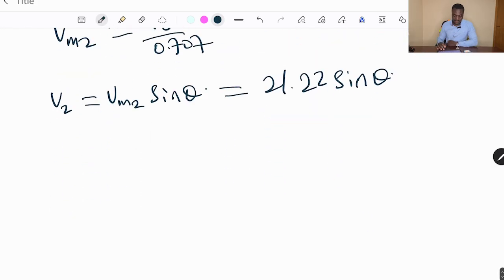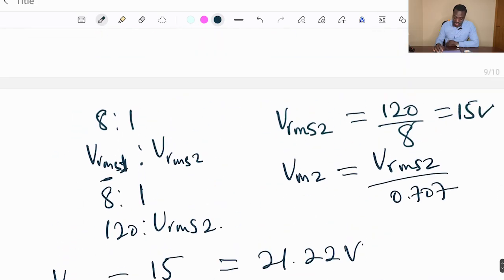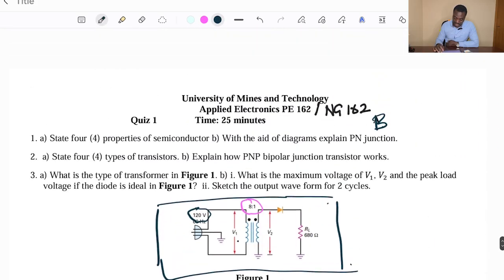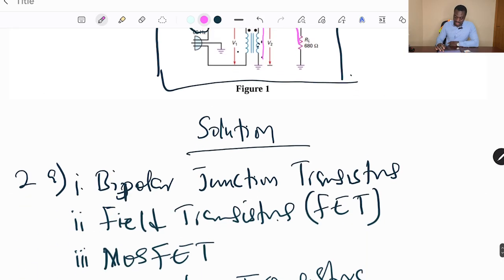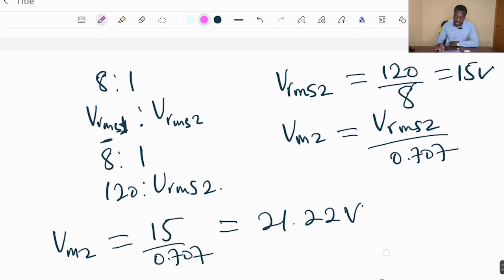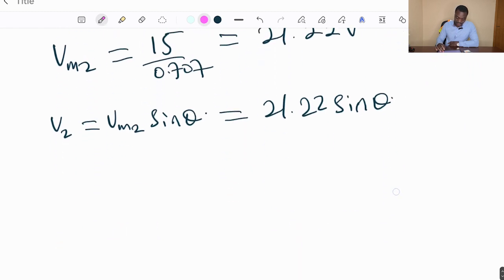So this is our instantaneous voltage V2. Now to get the peak load voltage, with forward biasing, current is going to flow through the load, and with reverse biasing there's not going to be any current, so the current flow will be zero.